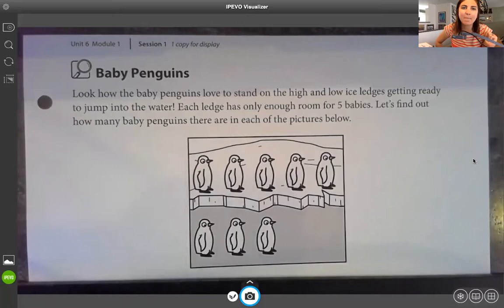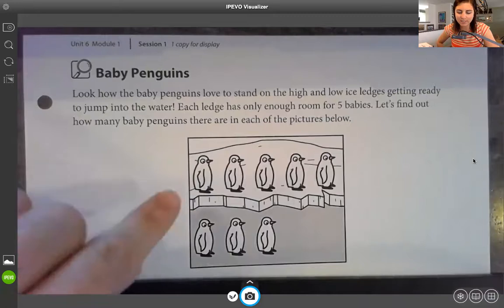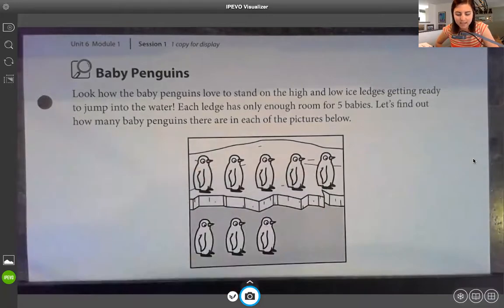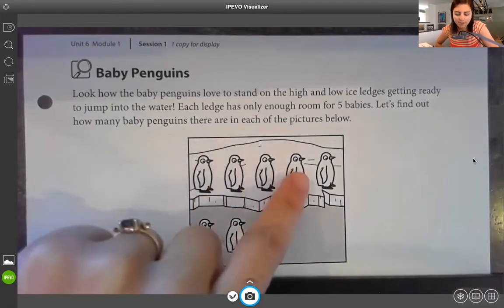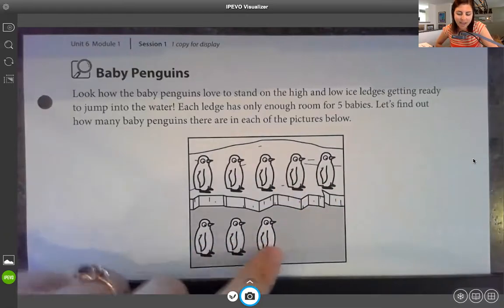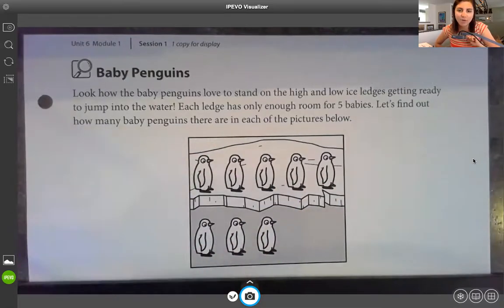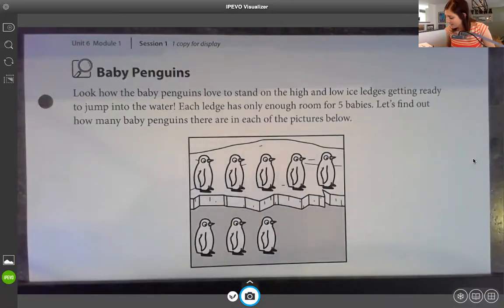Computational fluency, say it. Computational fluency. So I knew there was 5, 6, 7, 8. So rather than going 1, 2, 3, 4, 5, 6, 7, 8, I know that 5, I could start with 5 already. 5, 6, 7, 8. I know that 5 plus 3 is what? 8, yeah.